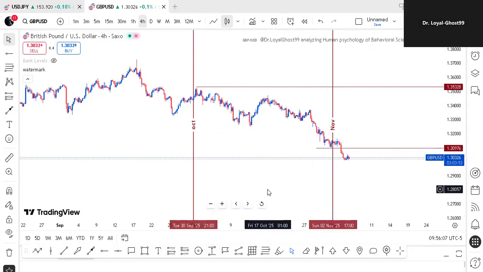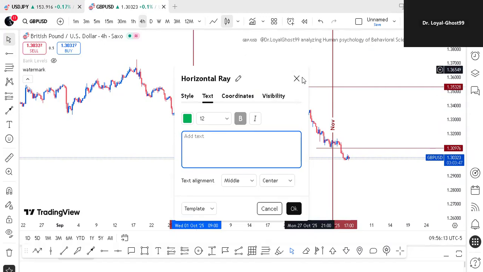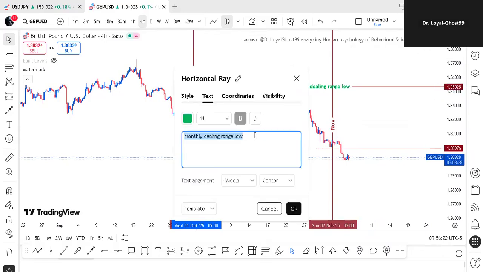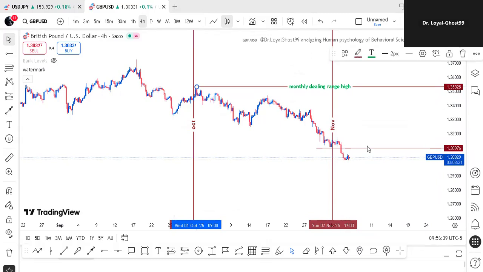I'm marking this. Monthly dealing range high. Monthly dealing range low.